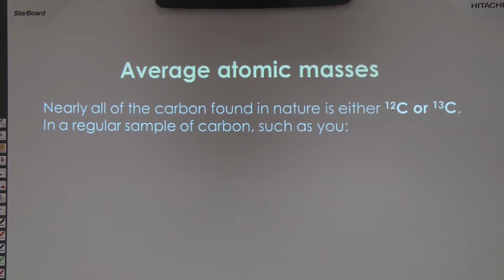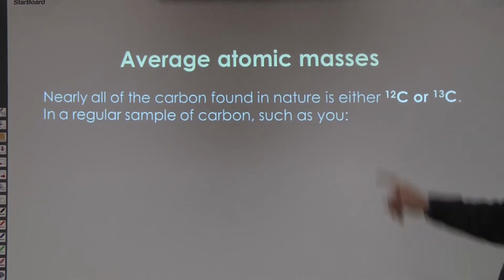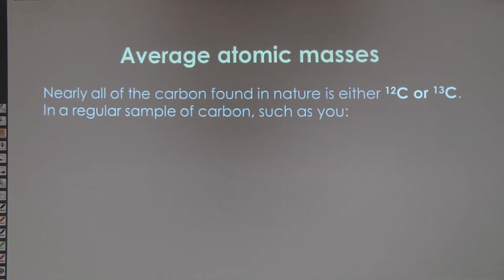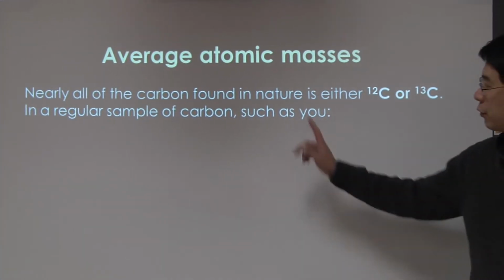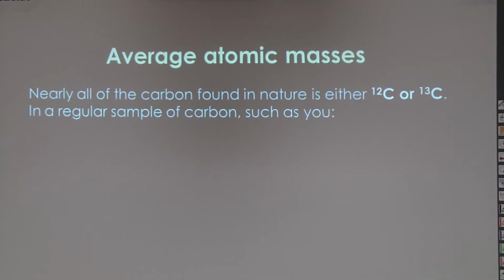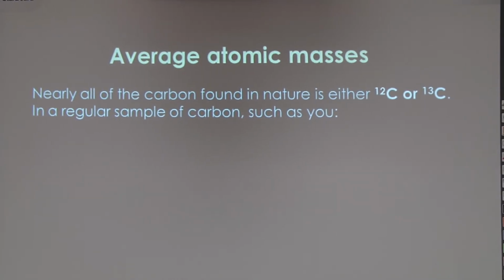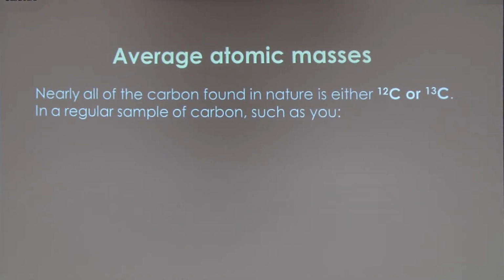Carbon has an atomic number of 6, so that means carbon-12 has 6 protons and therefore 6 neutrons. Carbon-13 has 6 protons and 7 neutrons. So in a regular sample of carbon, such as you, right, you are, after the elements of water, primarily comprised of carbon.